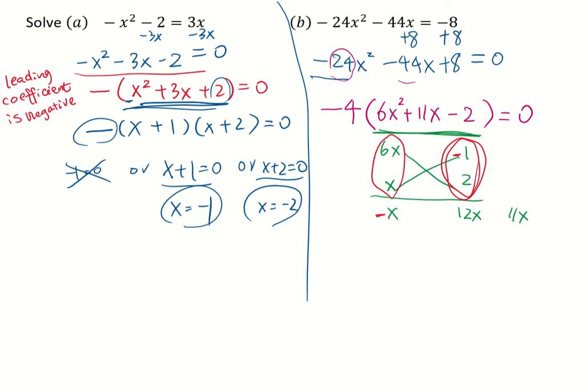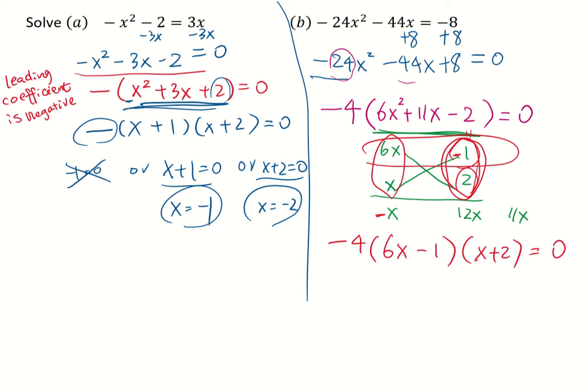Okay. Anyway, check over here. Negative 1 times 2 is negative 2. This is the right combination. So this equation is factored into, don't forget this negative 4 first. Negative 4 times first factor is 6x minus 1 times x plus 2 equals 0.